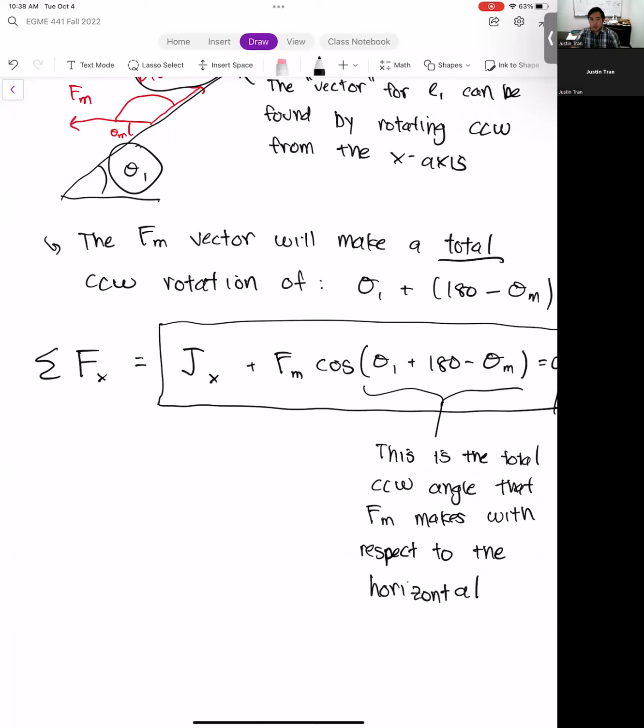Remember, if we start at the horizontal line, first we rotate theta 1, and then from there we rotate 180 minus theta m. So it's a total rotation like that, and using that form, we're able to do that.